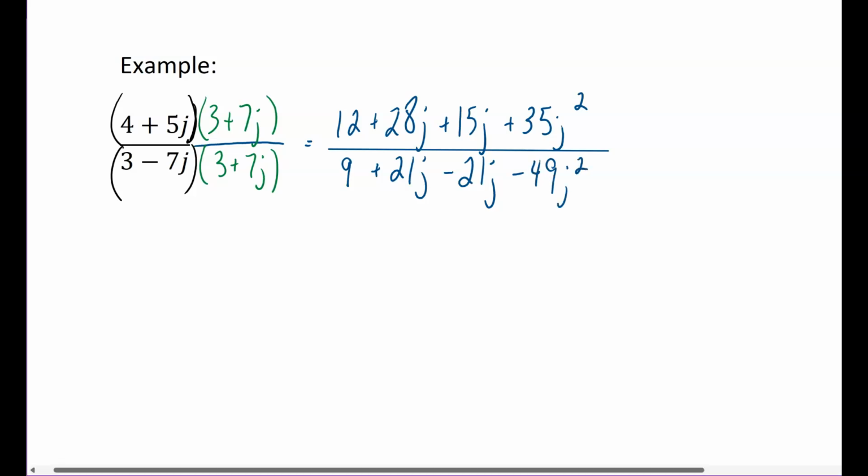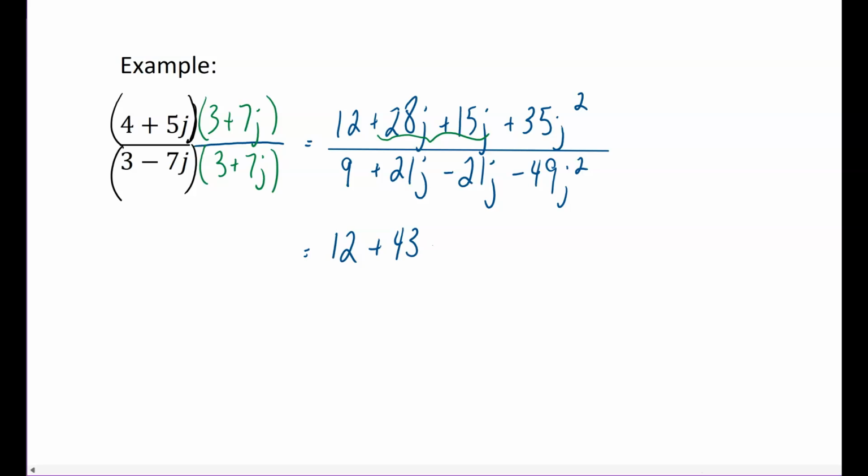Now back to the numerator. We have like terms right here. 28j plus 15j is 43j. So this will be 12 plus 43j.